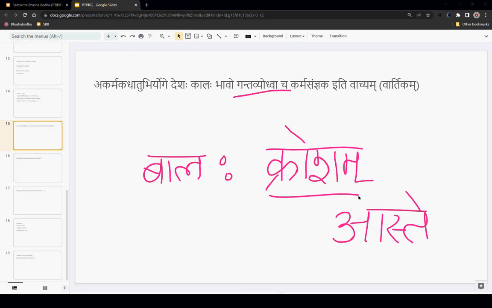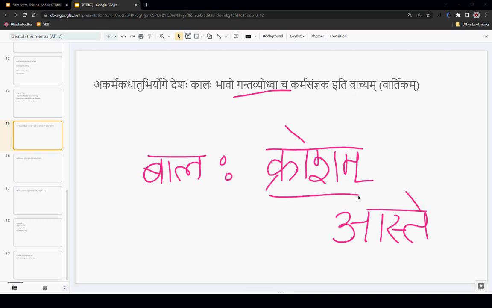Balaha krosham aste. In this example, what is happening? Aste is upavishati, sitting. So krosham aste means what? Here it means he is walking on the road, but every mile he is sitting. He is taking rest or sitting every mile while he is walking. So that is the meaning of this.